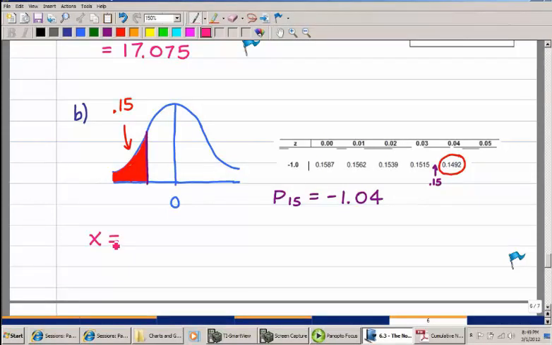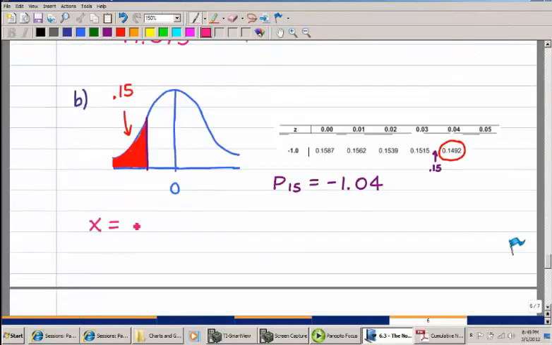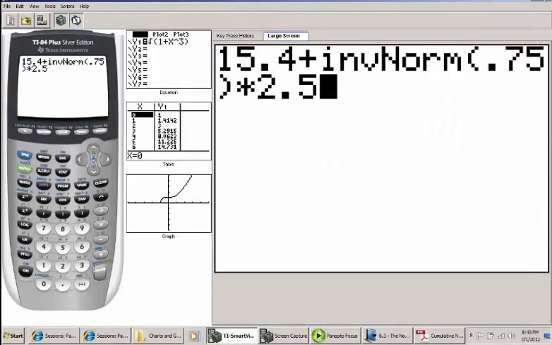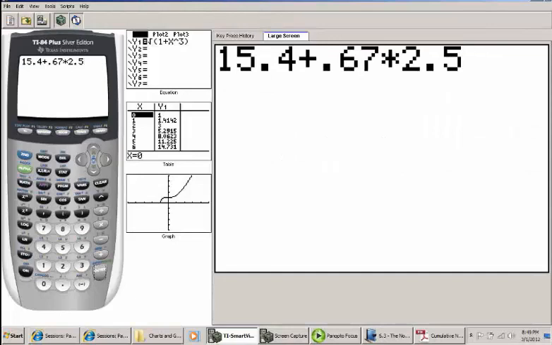is mean 15.4 plus this z-score of negative 1.04 times 2.5. I won't do the inverse norm for this one. I'll just do, actually, let's bring this up right there and change this to negative 1.04.